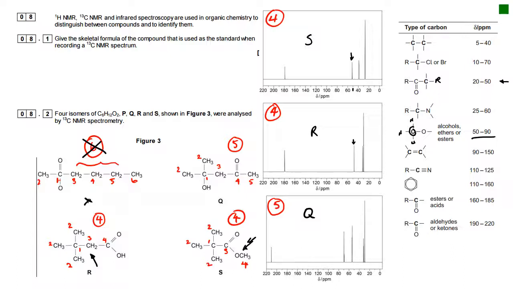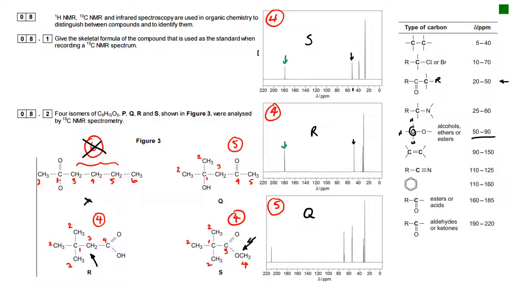In an exam I'd move on now because I'm confident enough not to have to check it, but for learning processes we might just look at it in some more detail. So for interest's sake we can have a look at these 2 peaks here, this one and this one.